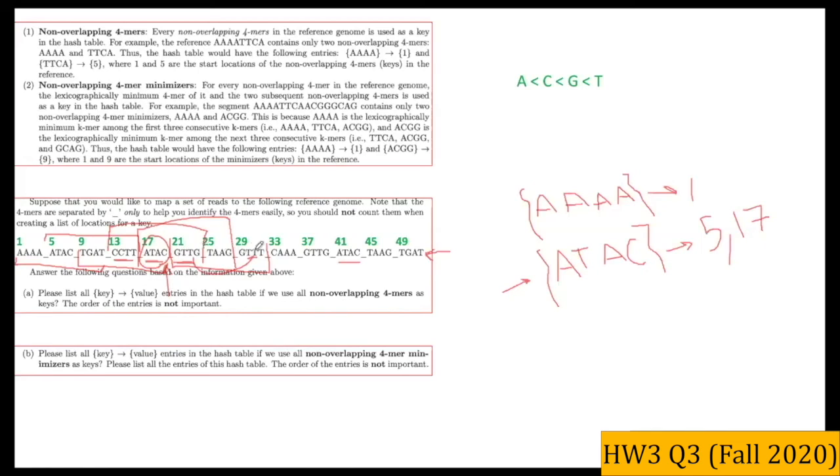Both of them T, we cannot decide. And then we go to the fourth character. The first one ends with G, but the other one ends with T. So which one is minimum? The one ends with G. So we store this one as a minimizer, which is G, T, T, G. So this will be our key, and the location will be 21.